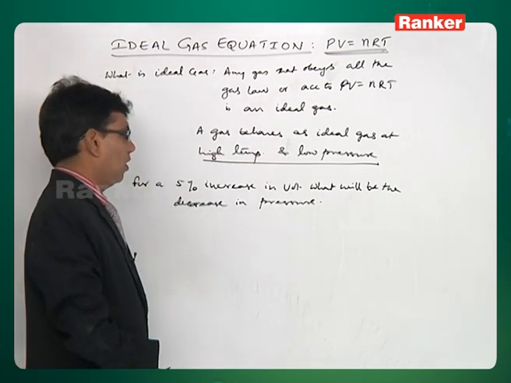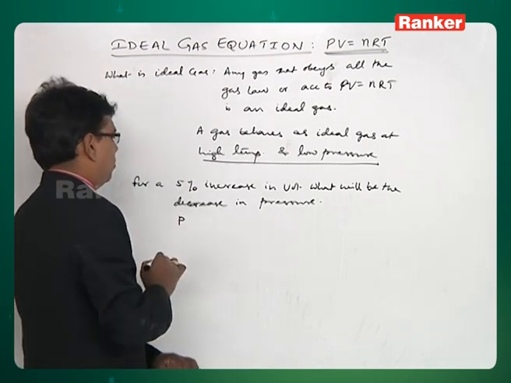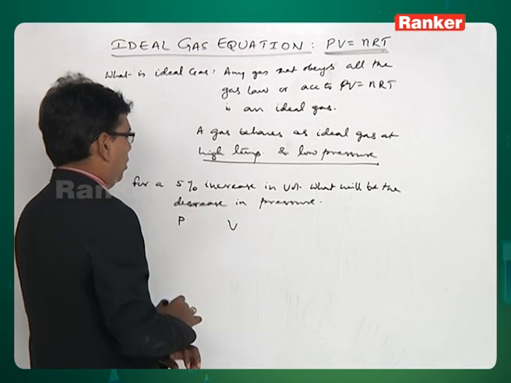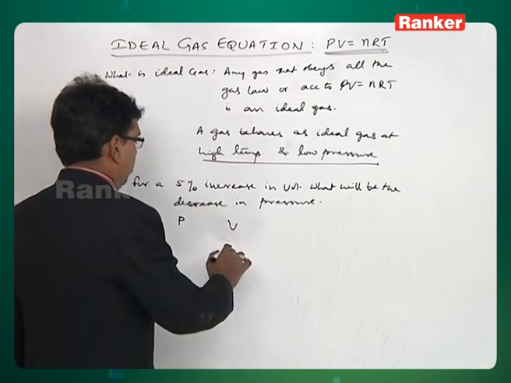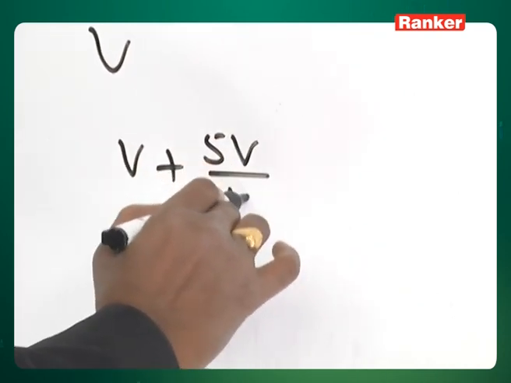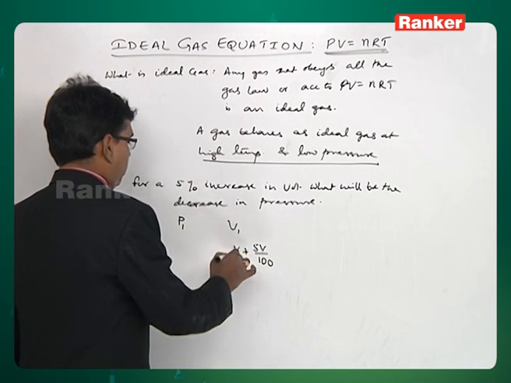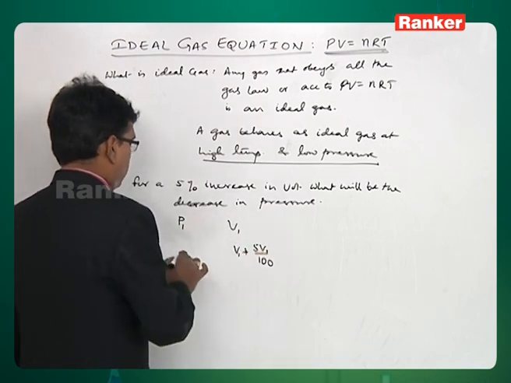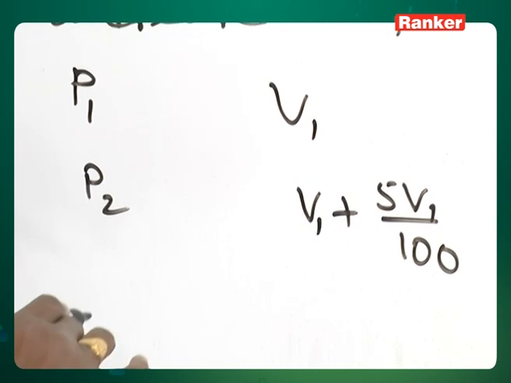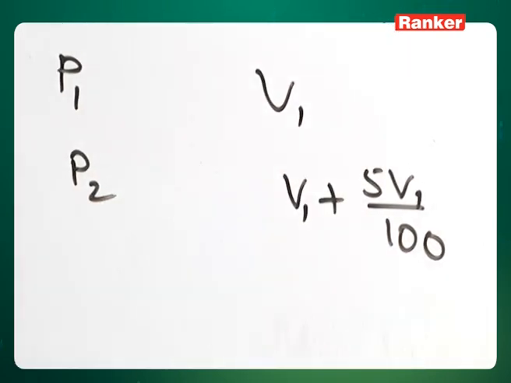How does it happen? Suppose the initial pressure is P and volume is V. A 5% increase in volume gives V plus 5V by 100. If this is P1, V1, and this is P2, V2, then P1 V1 should be equal to P2 V2.